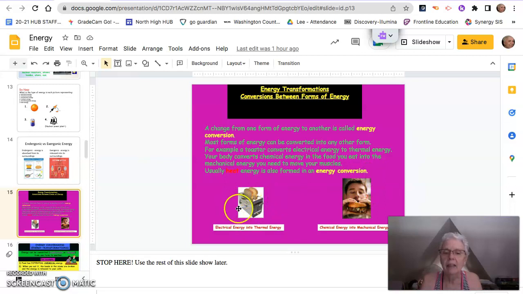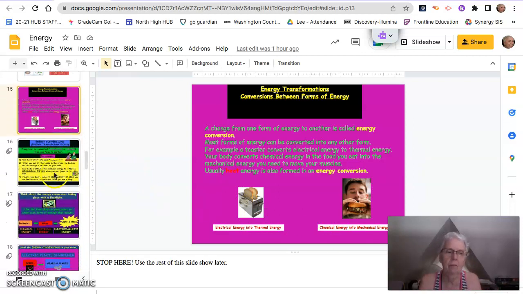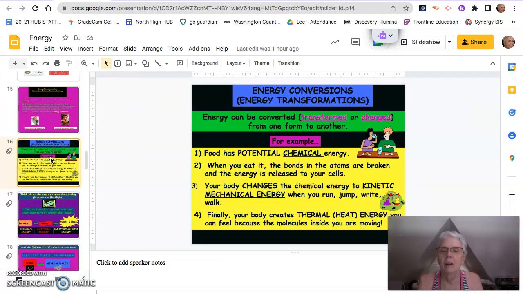Or take the electrical energy in a toaster oven, heating up your bread, giving thermal energy. So all of these are conversions. Usually all conversions have heat associated with it. So energy can be converted, which means transformed or changed to another form.